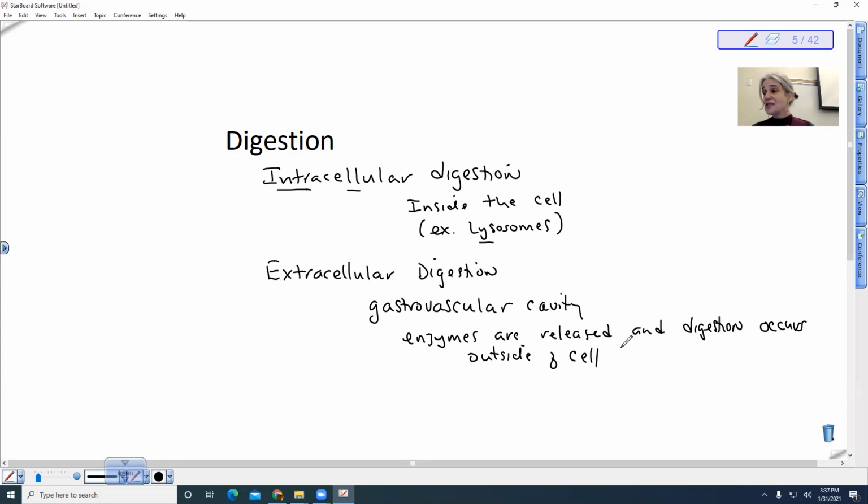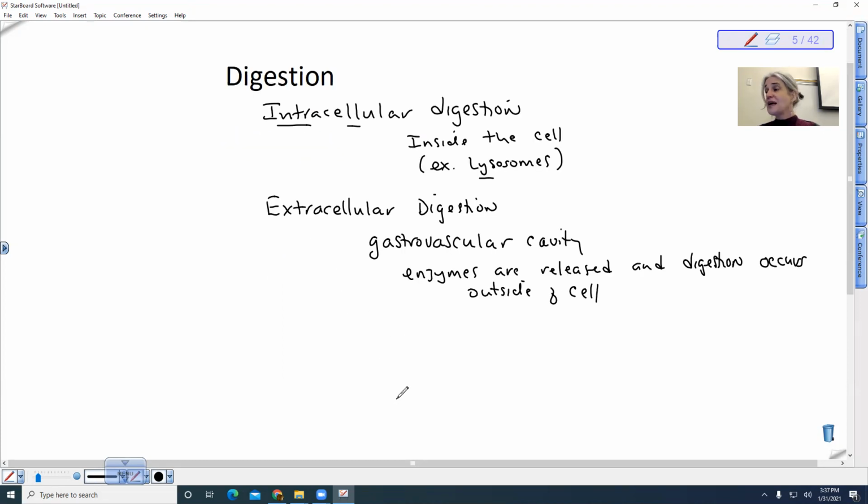What extracellular digestion allowed animals to do is eat larger pieces of food.